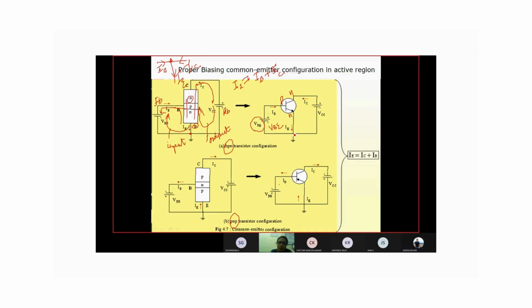Okay, because the emitter is grounded, right? So voltage at the base. This is the base. This point is B. So even you can represent this as VBB, no problem at all. The voltage at the base with respect to emitter is VBE, or else it's a base voltage. Normally we calculate with respect to the ground.